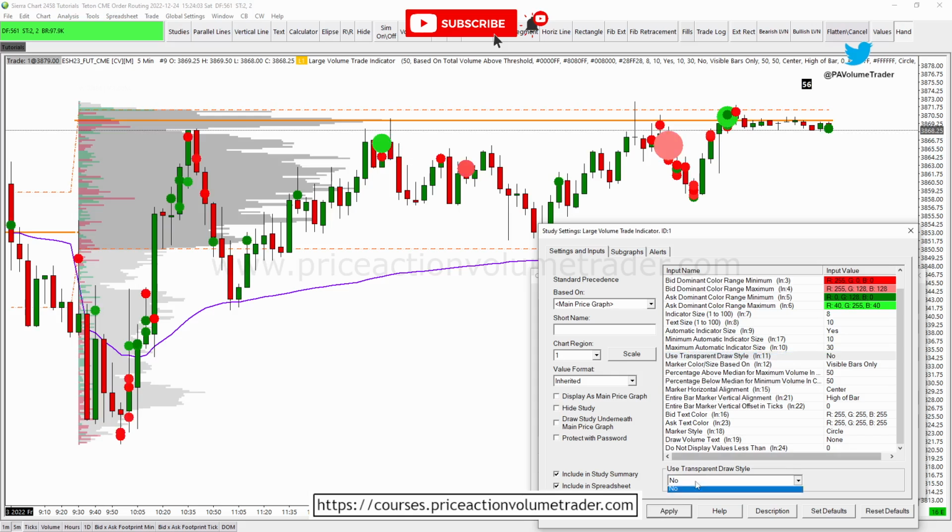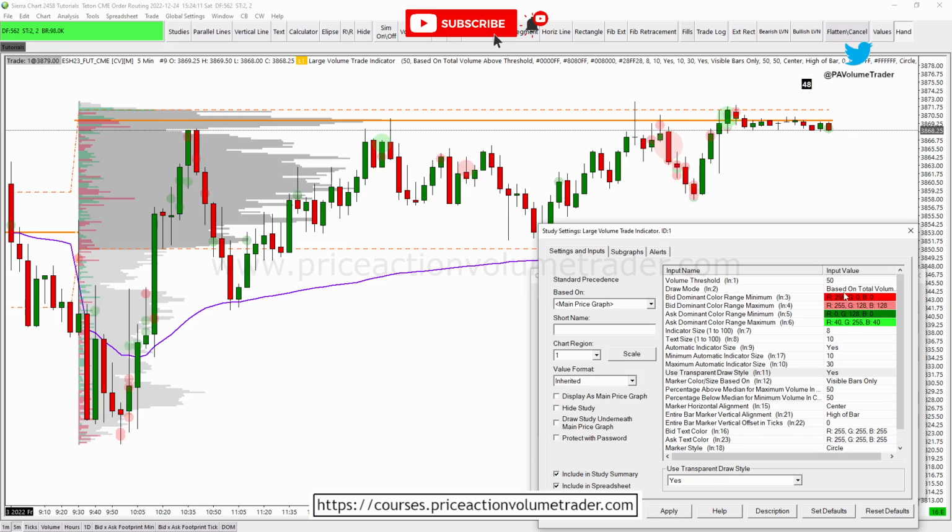If you put yes to transparent style with the text off, it'll just give you a little transparent bubble here, and you can obviously vary your colors over here, but I just like to have red for aggressive sellers and green for aggressive buyers. Okay, and that's pretty much it.